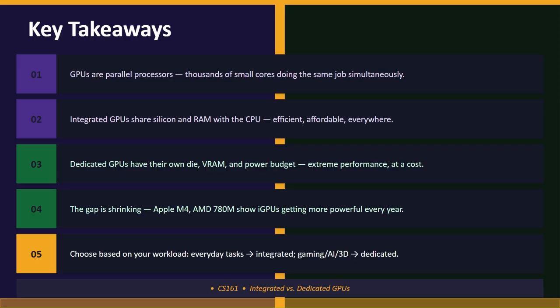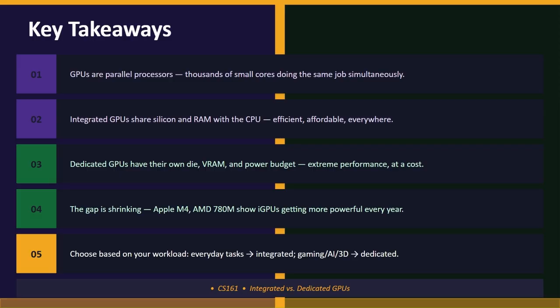Some takeaways: GPUs are parallel processors, with thousands of small cores doing the same job simultaneously. Integrated GPUs share silicon and RAM with the CPU. They are efficient, affordable, and everywhere. Dedicated GPUs have their own die, VRAM and power budget, with extreme performance at a cost. Also, the gap is shrinking. What does that mean?